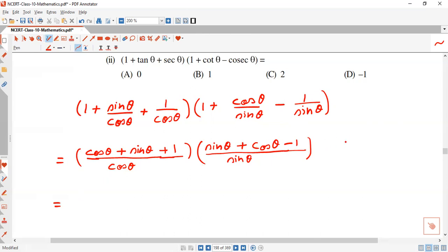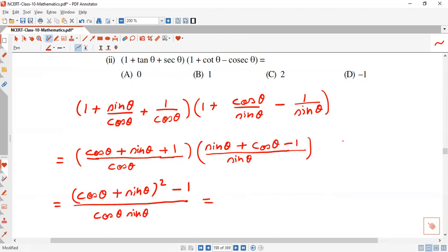We apply here the formula of A plus B and A minus B. So we see here cos theta plus sine theta whole square minus 1 divided by cos theta sine theta. We apply the formula of a plus b whole square and open these functions.